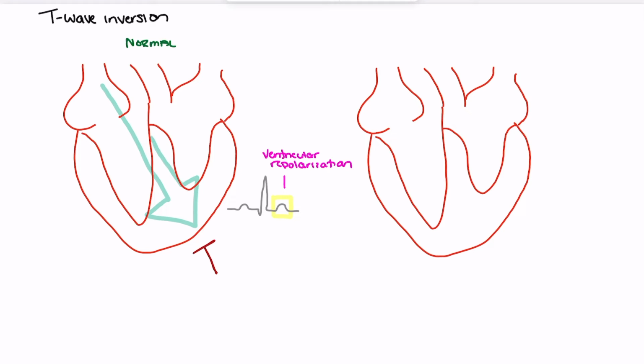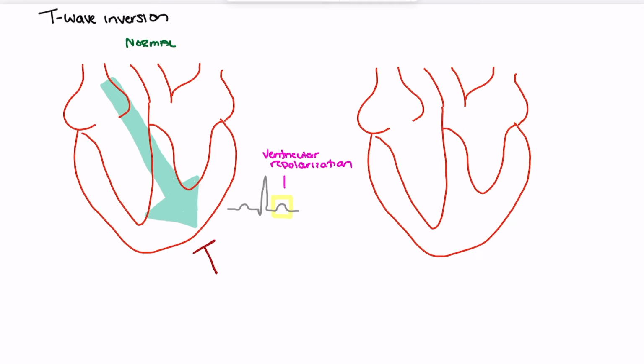When we're seeing positive deflections on an ECG, what we're seeing is the flow of positive current towards our lead. A good example is the positive deflections in our QRS complex on an ECG. That positive deflection represents the flow of positive current towards the lead.